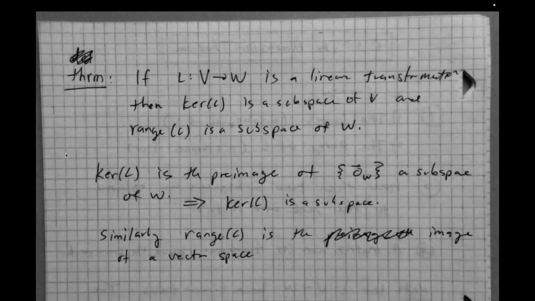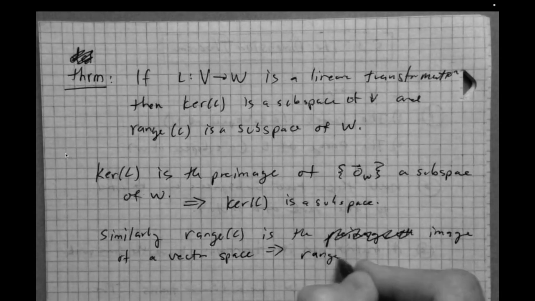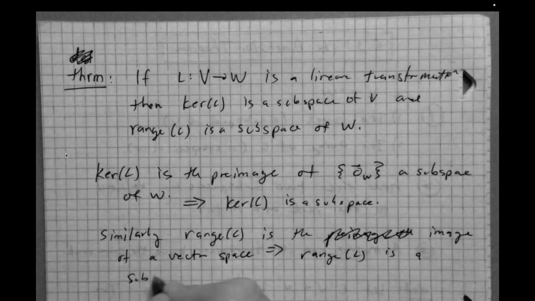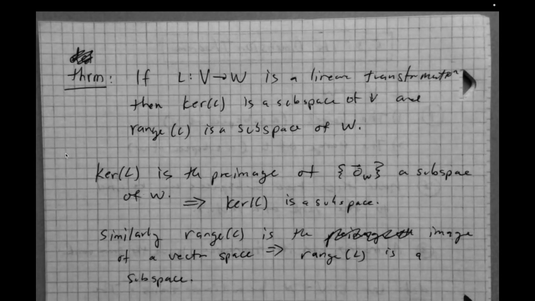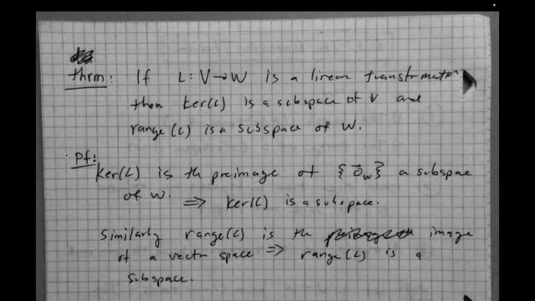And so for that reason, the range is a subspace as well. That's basically what the proof looks like. I'll just put proof here, even though it's a little conversational, but you get the idea. It follows directly from this other theorem. Okay, excellent.